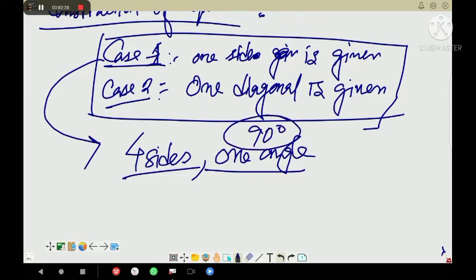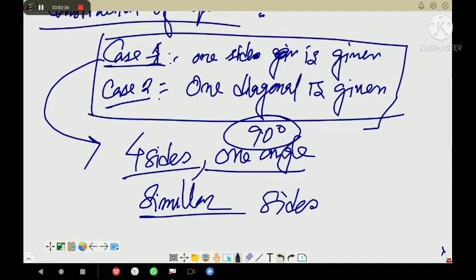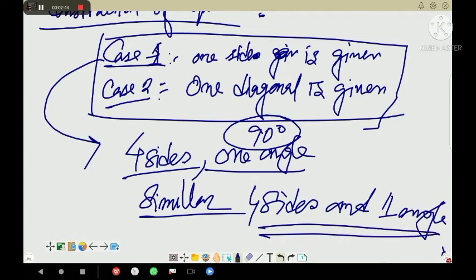So this is similar to the case where 4 sides and one angle are given.